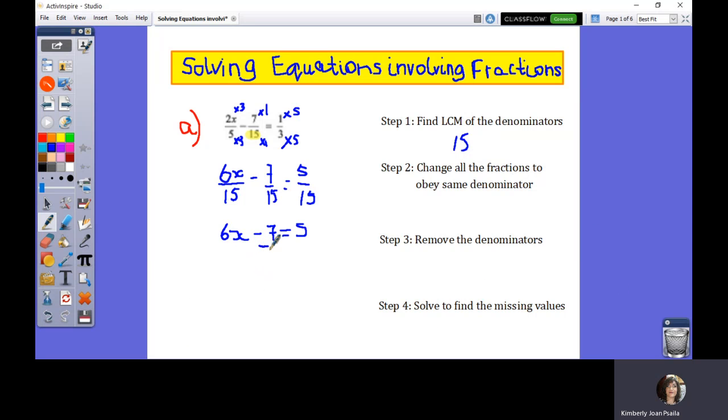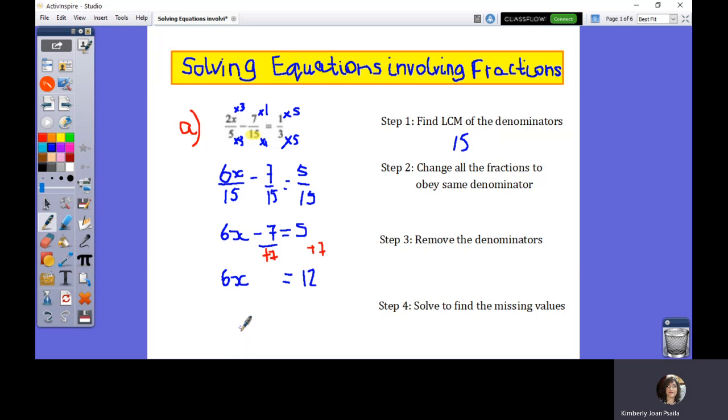So first we have to get rid of this plus 7. So first we subtract 7 from both sides. And we are left with 6x. Plus 7 minus 7 cancel each other out. 5 minus 7 gives us negative 2.